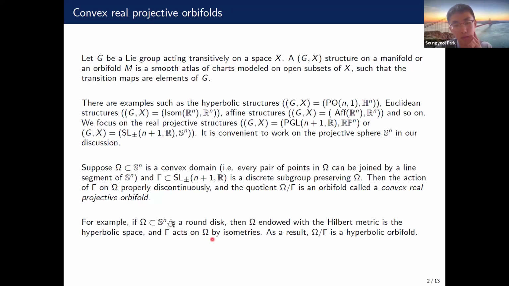This round disk together with this Hilbert metric is exactly the same as the hyperbolic space in the Beltrami-Klein model. So this Omega is now a hyperbolic space. Also this group Gamma turns out to preserve the Hilbert metric, or the Beltrami-Klein metric, on this Omega. So this quotient is not only a real projective orbifold, but also a hyperbolic orbifold.